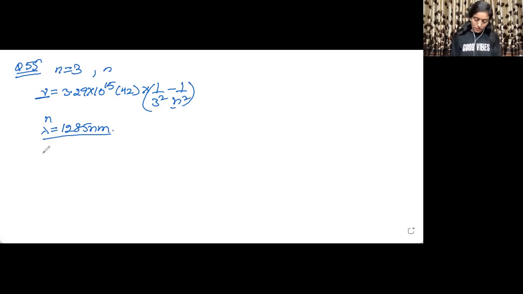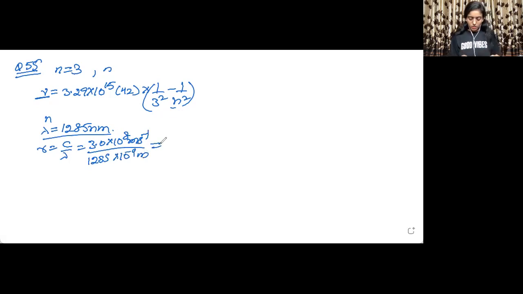So nu is equal to c upon lambda, equal to 3.0 × 10^8 meter per second upon 1285 × 10^-9 meter. That is 3 divided by 1285, equal to 0.0023 × 10^17 per second.